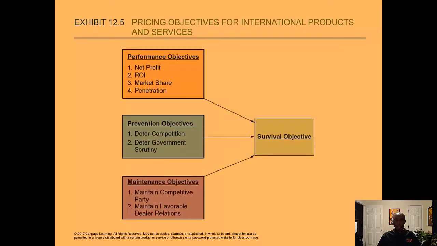And here is a measurement looking at net profit, return on investment, market share, market penetration. You look at prevention objectives, preempting the competition by perhaps making the product more expensive.